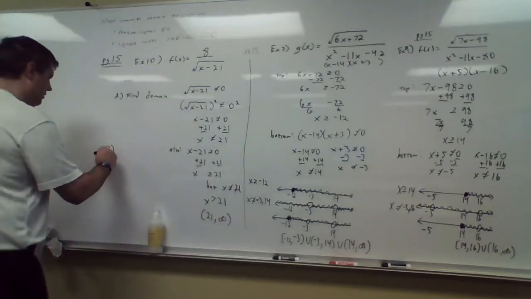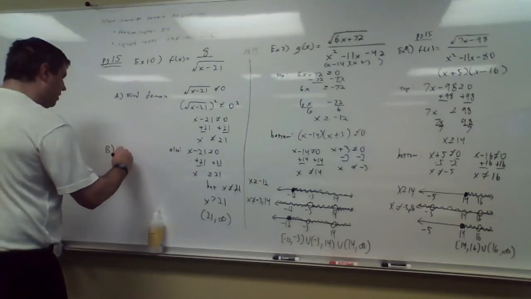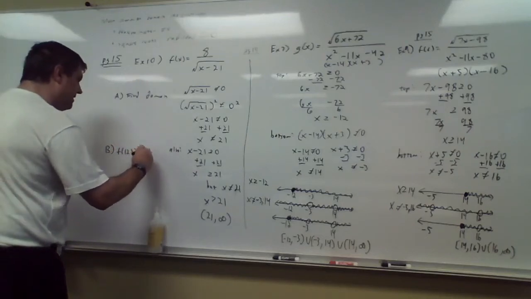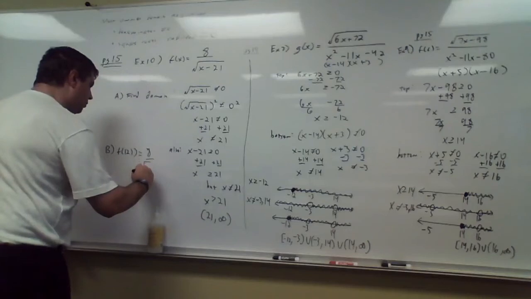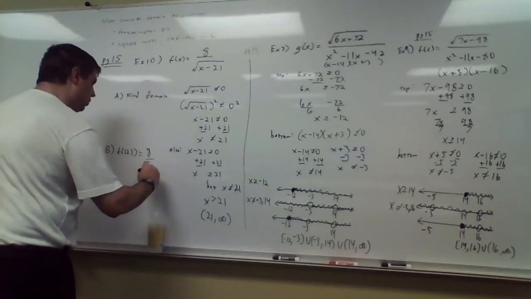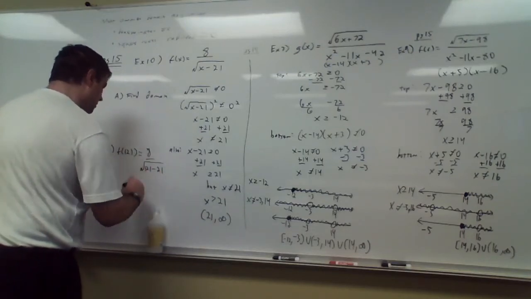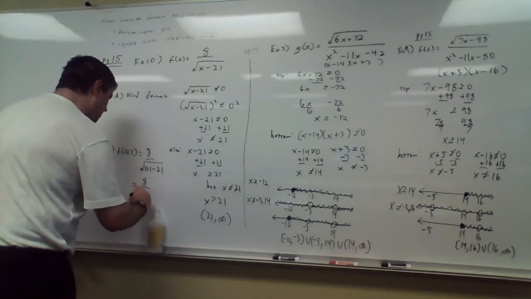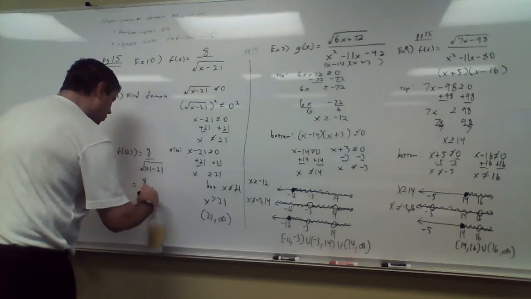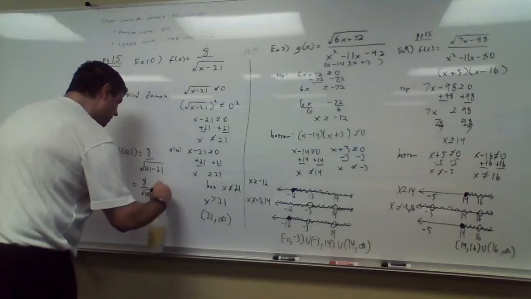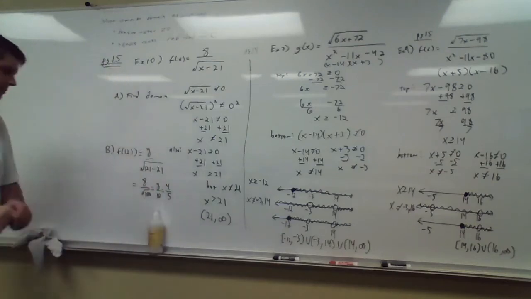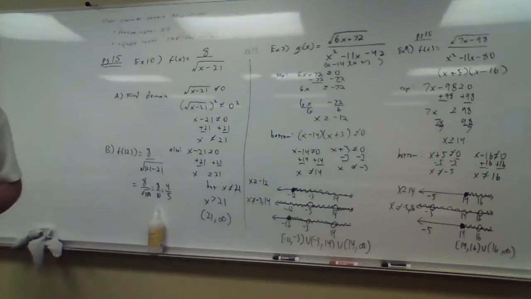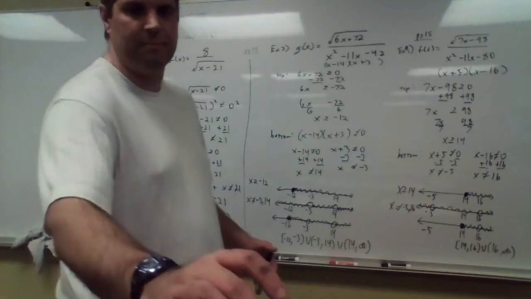B, f of 121 would equal 8 over the square root of 121 minus 21, which would be 8 over the square root of 100, which is 8 over 10, which is 4/5. Okay? And that is it for page 15. I'm going to pause here and set up for the next part of the document.